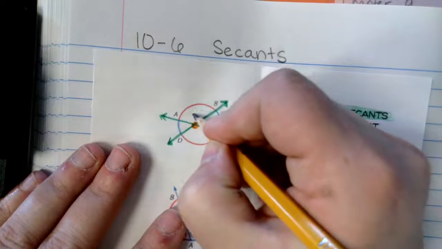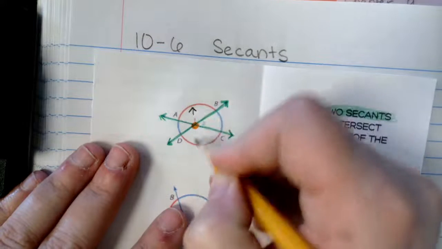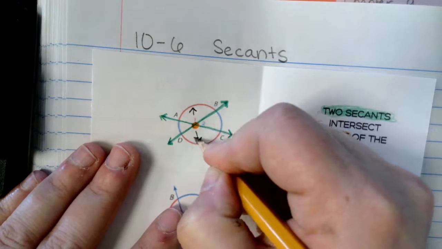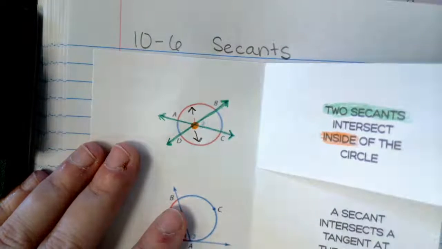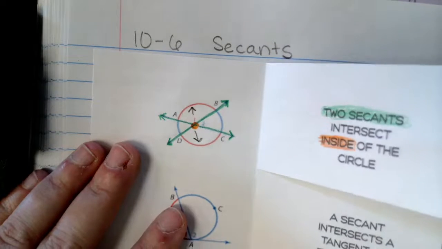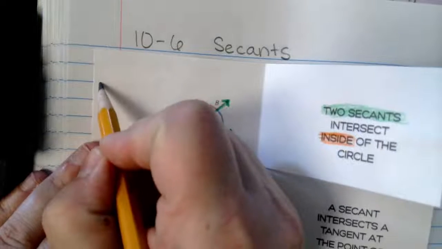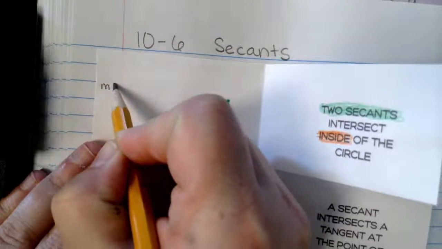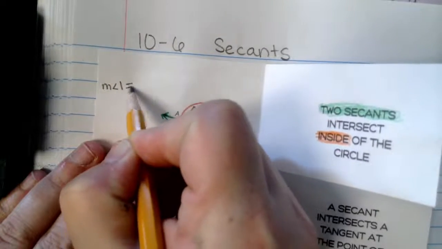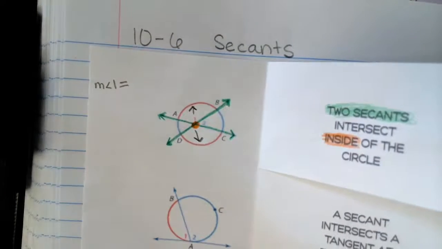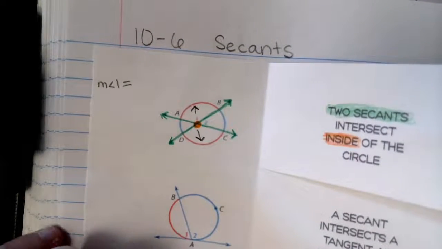So we're going to write measure of angle 1, and you might need to write kind of small for this, equals, and we're going to do a half times the quantity of, meaning we have parentheses. We're going to do this part in parentheses first before you multiply by a half.